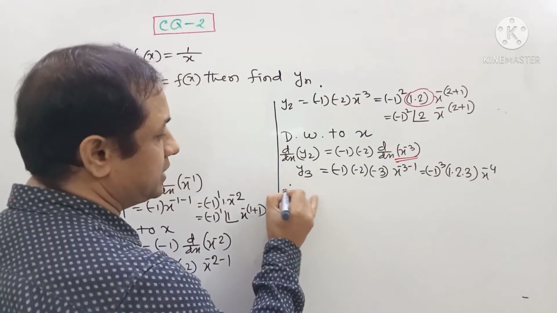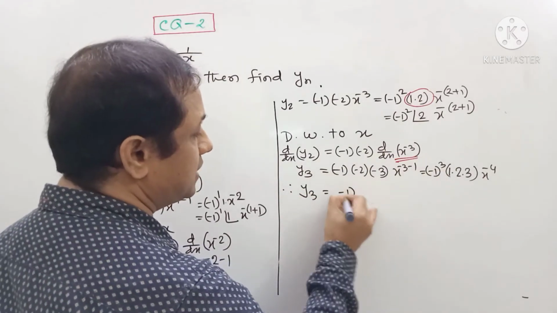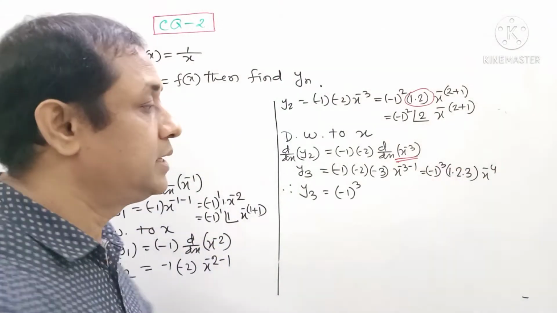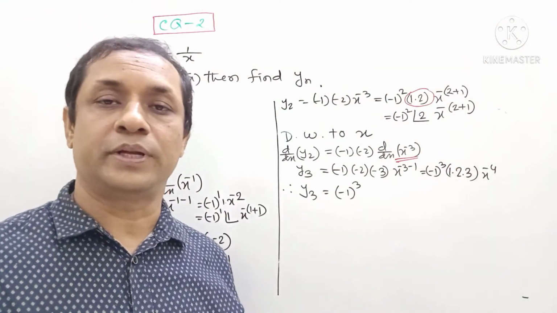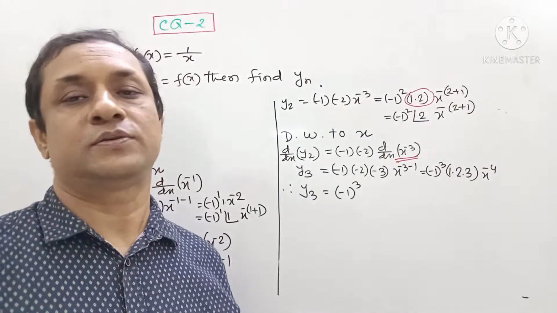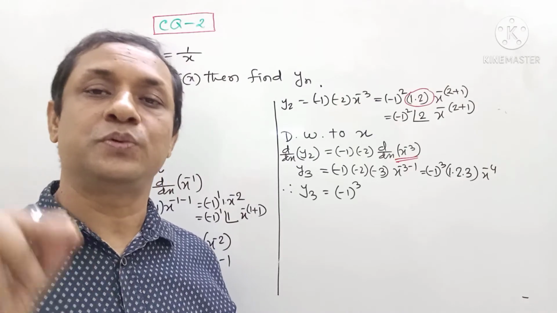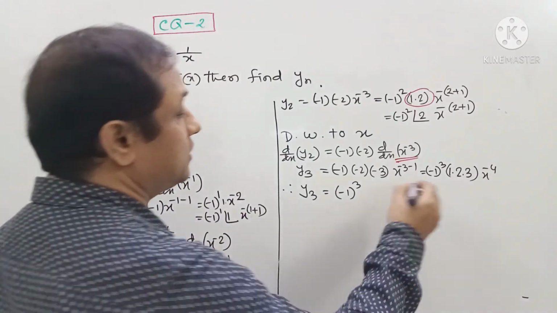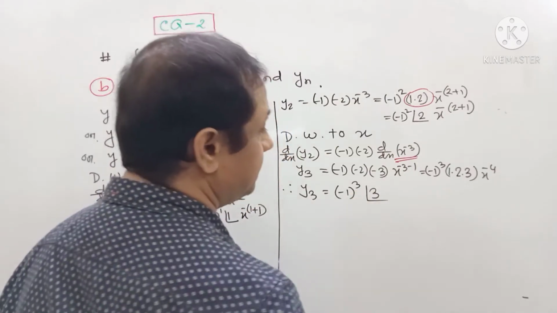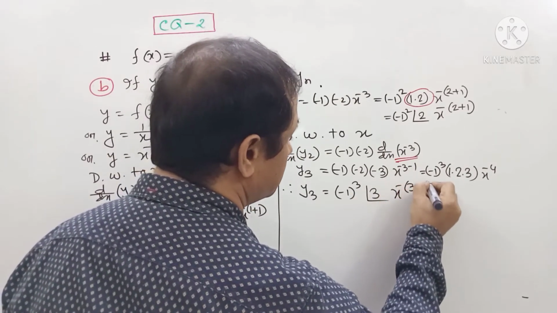So student, we can write y3 equals minus 1 whole cube, and you have learned student 1 into 2 into 3 equals factorial 3. We know that factorial 3 equals 1, 2 into 3. So we can write factorial 3 and x to the power minus 3 plus 1.